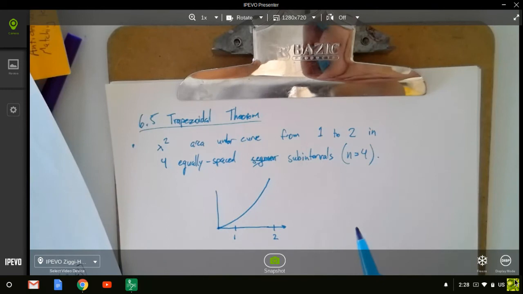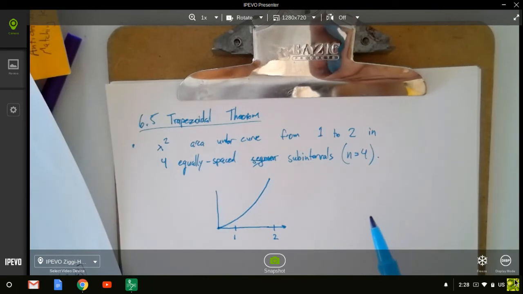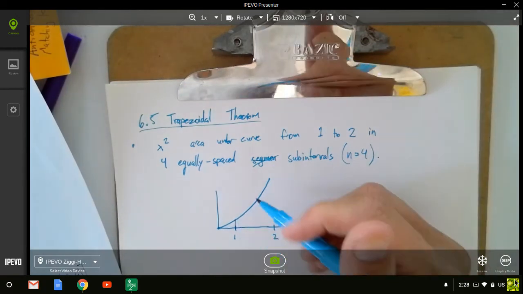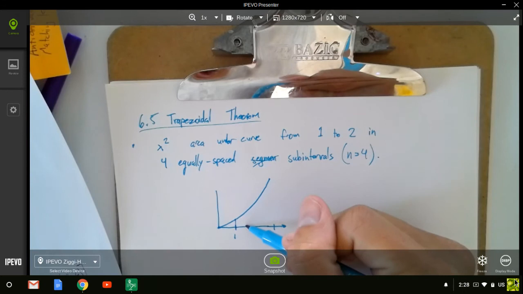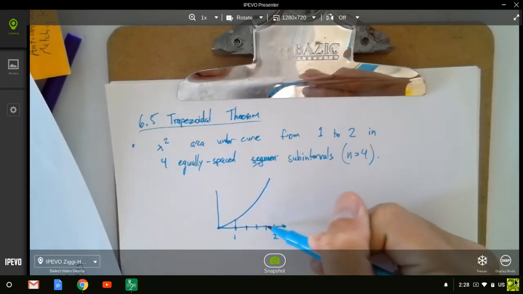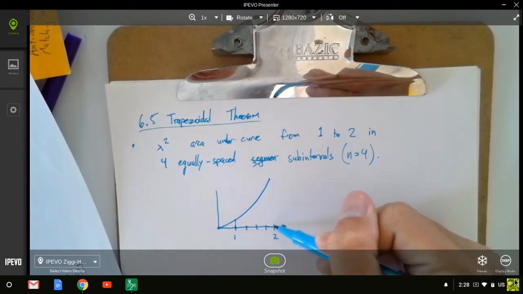What is that technique called when you do that? It's called a Riemann sum. So that's one segment, second segment, third segment, and there's a fourth segment right here. Say 1, 2, 3, 4. Does everybody see that?